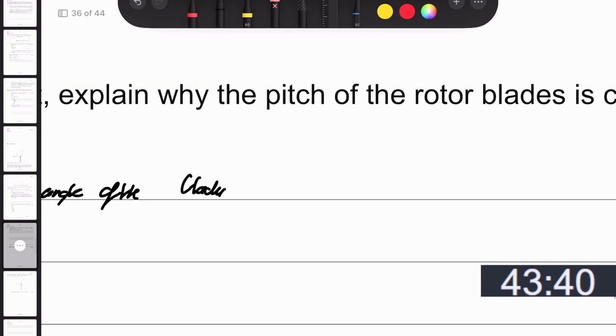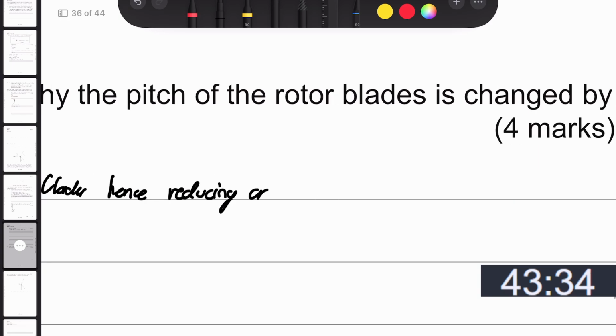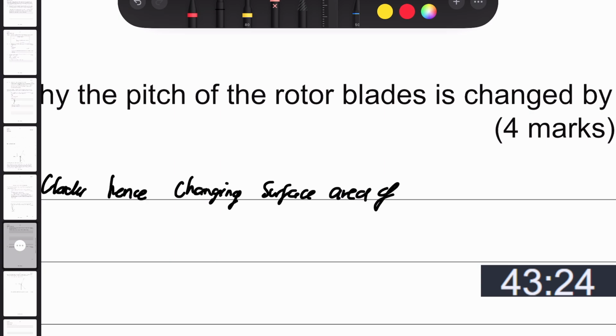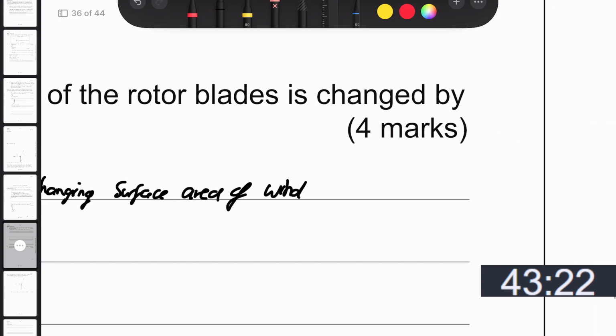Change the angle of the blades, hence changing the surface area of wind against the blades.